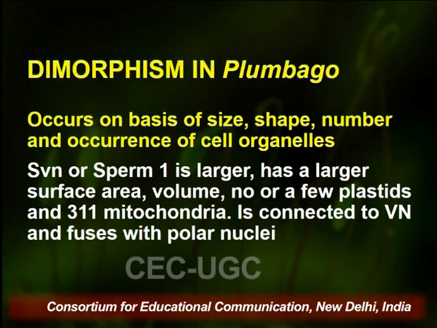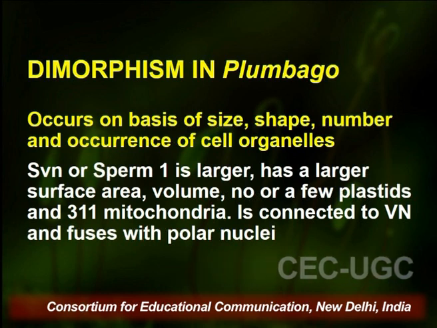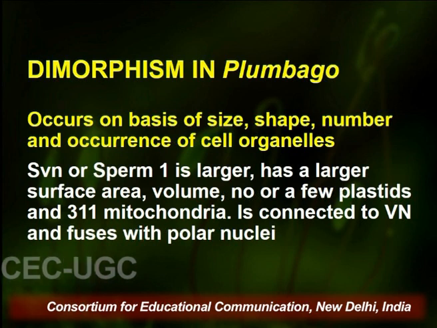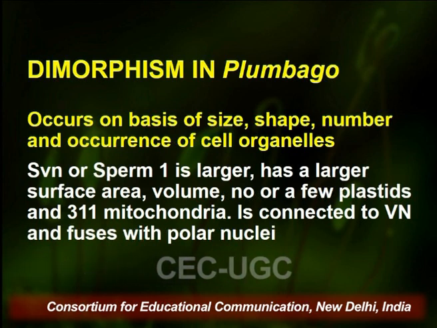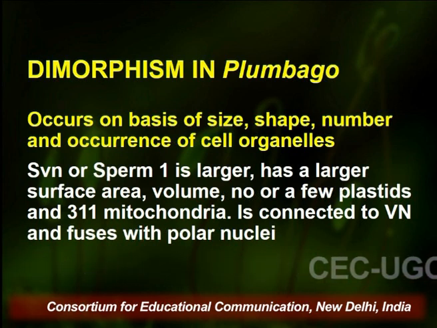If they are different, then we say that there is dimorphism as is seen in Plumbago. In Plumbago, this dimorphism occurs on the basis of size, shape, number, and also because of the occurrence of cell organelles in each of the two sperms.